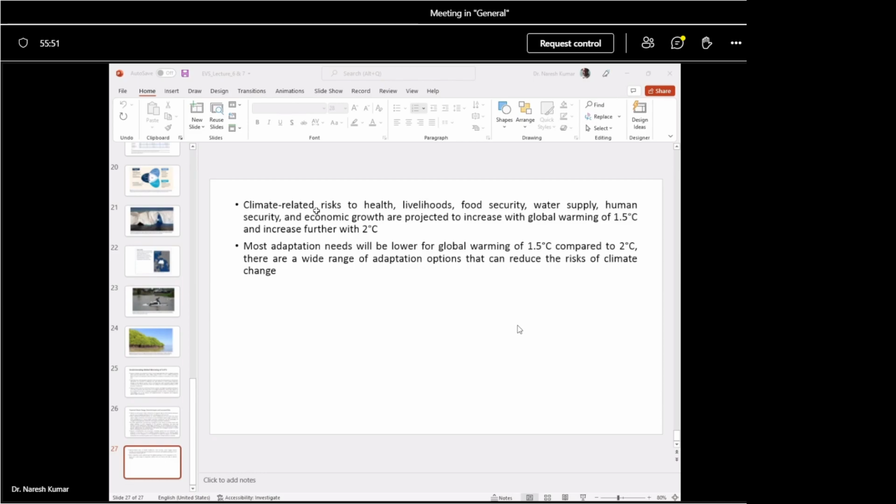Ashmit Kumar Singh. Soumyadeep. Present, sir. Mohit Kumar. Present, sir. Shailesh. Present, sir. Piyush. Present, sir. Deepak Chaudhary. Present, sir. Okay.